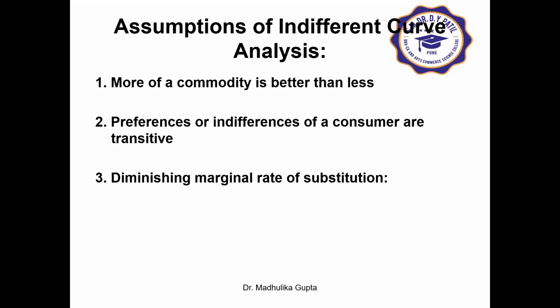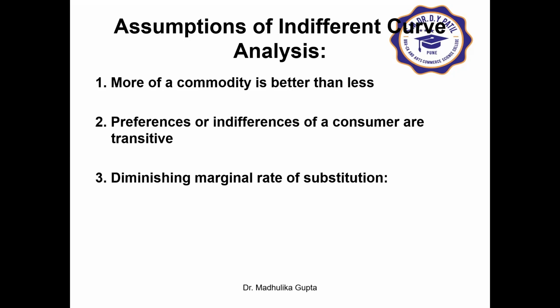When a consumer is oversaturated with one good, he will prefer a smaller quantity of that good to its larger quantity. So the assumption is that the consumer has not yet reached the point of satiety in the consumption of any good. The point of satiety means the saturation point. This assumption is therefore known as the non-satiety assumption, right?